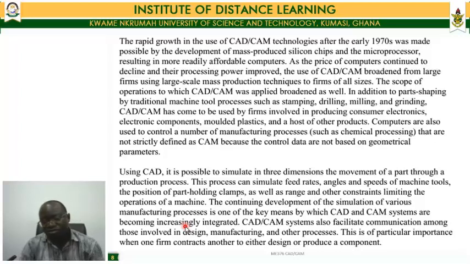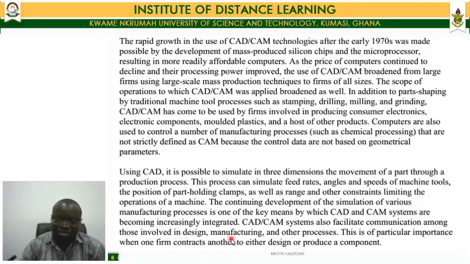So basically, when you use CAM, it is possible to simulate in 3 dimensions the movement of parts through a production process, and you can actually look at feed rates, angles, speeds of machine tools, and positions of clamps and all that.